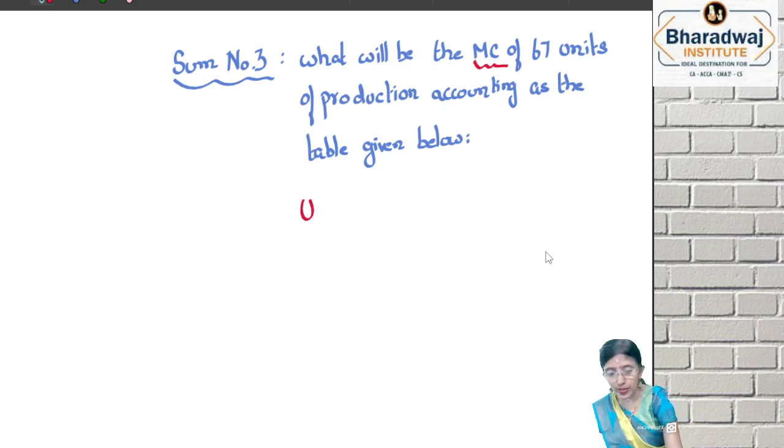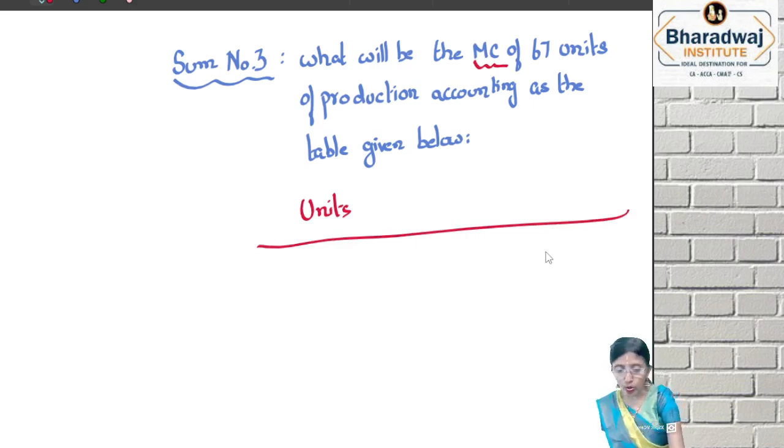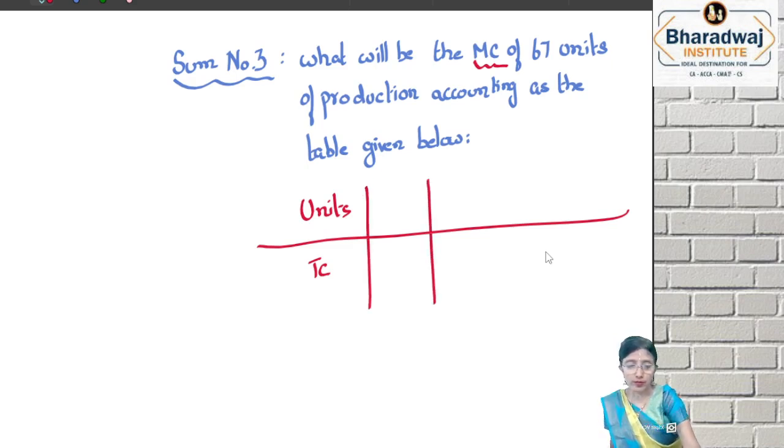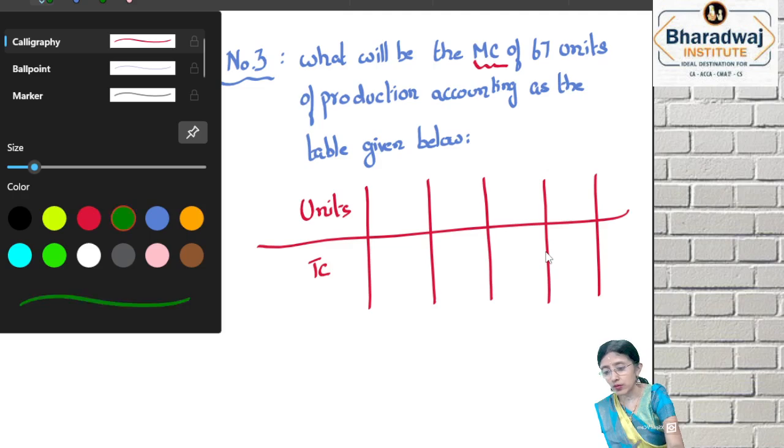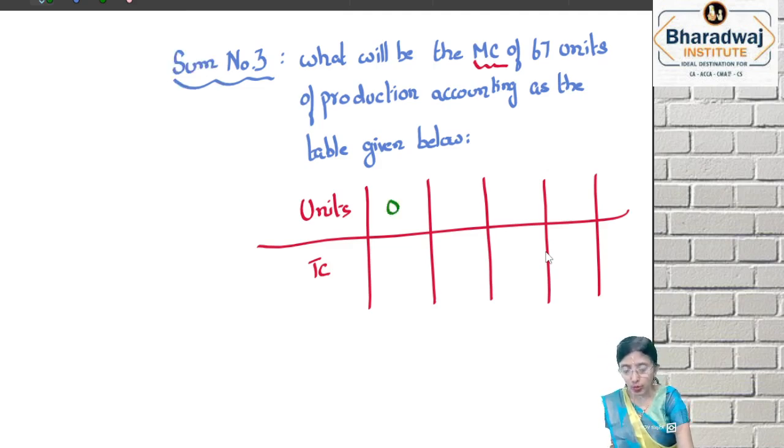Now you have the units there and you have total cost. 0, 10, 25, 37, 67.